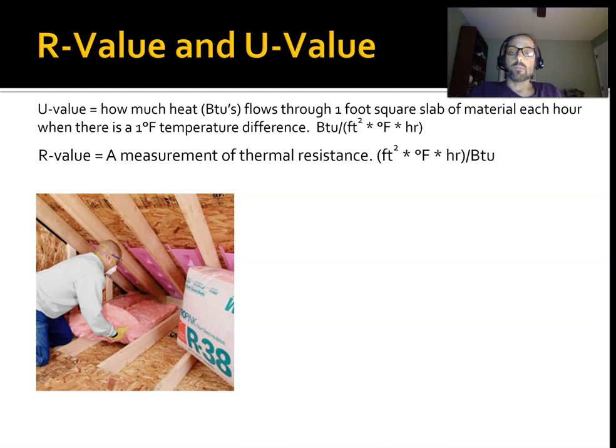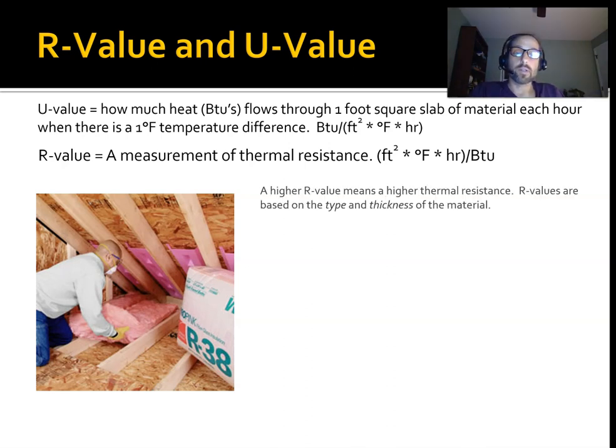And then R value is a measure of thermal resistance. R value is, frankly speaking, a made-up value, but it's a lot easier to remember. And here's why we use R value. The bigger the R, the better the insulation. Really easy to remember, right?